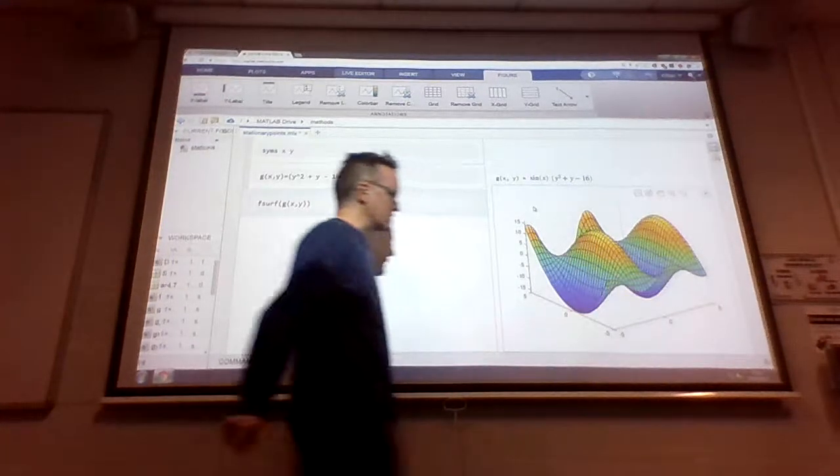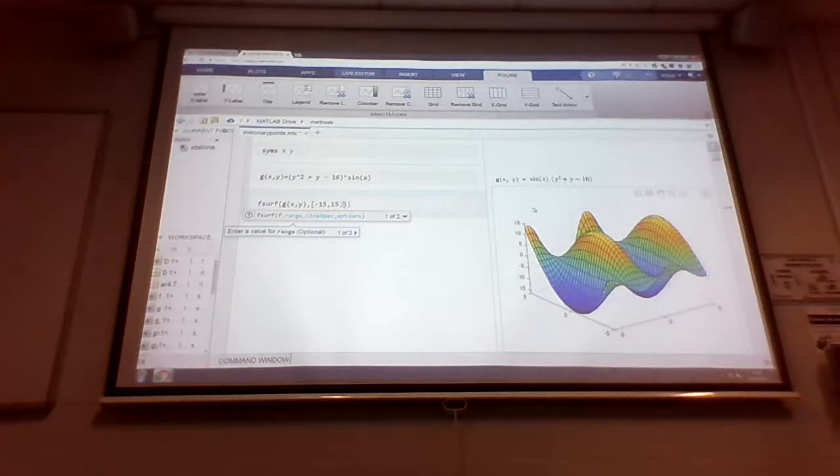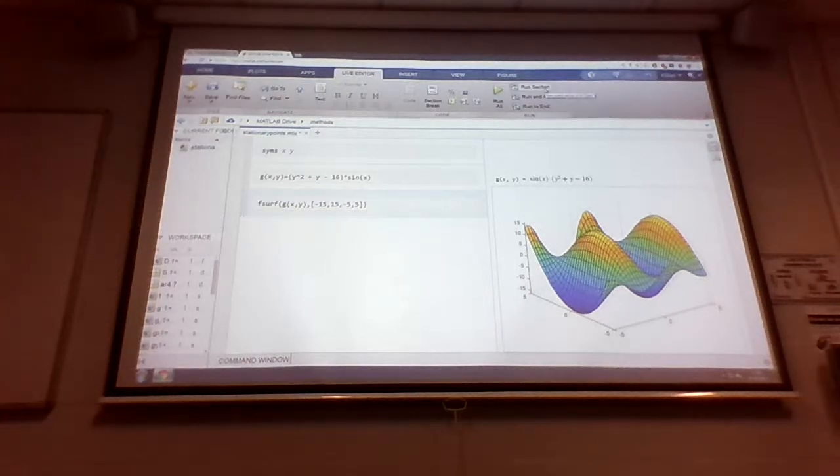So I think this is the x-axis. So by default, it plots things from -5 to 5 in both axes. But we can ask for a bit more if we say go -15 to 15. And we'll keep it at -5 and 5 on the y at the moment. So we make it that instead.